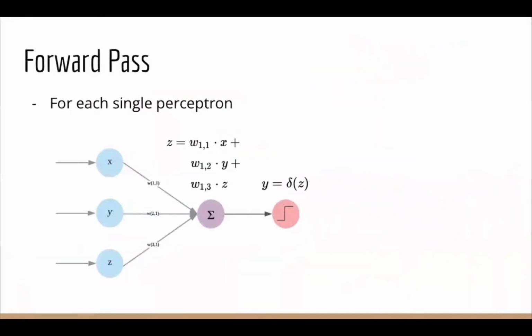Let's take a look at a small example. Basically, it is the process of the forward pass on a single perceptron. Say we have a simple structure with three inputs, x, y, z. We can vectorize them into a capital X, which is the vector of small x, y, z. We also have three weights to map them and take the summation over the input.